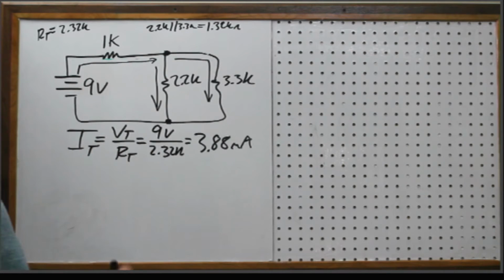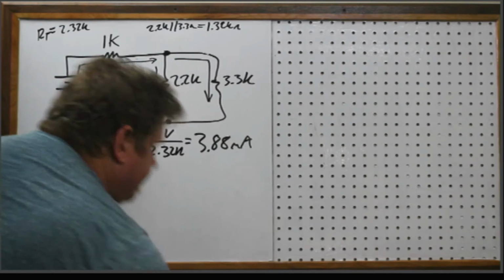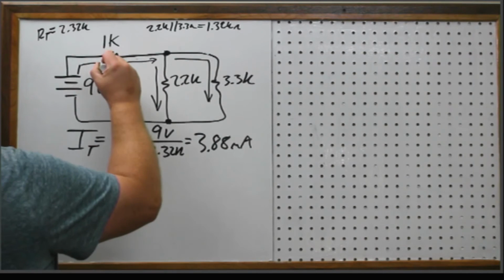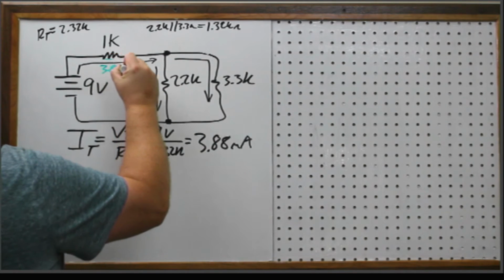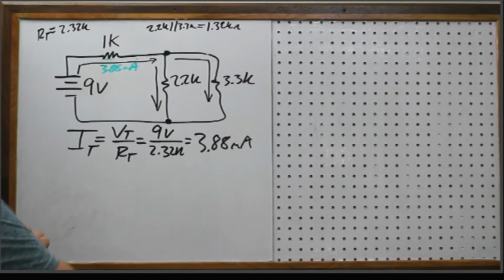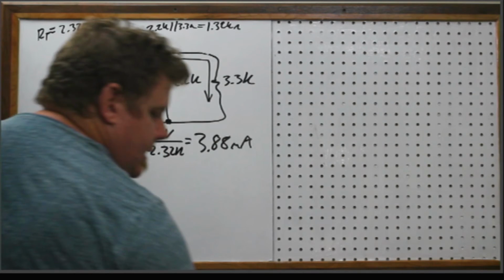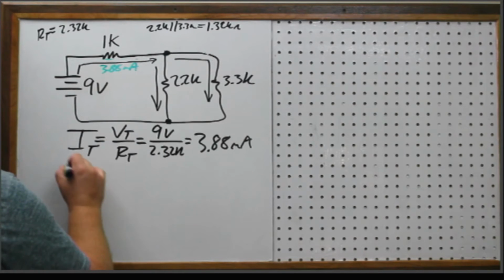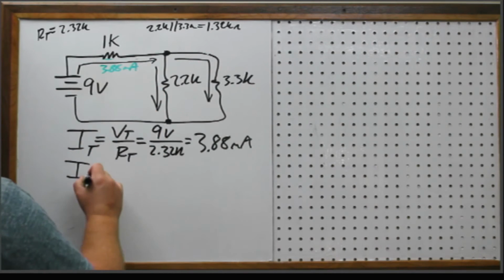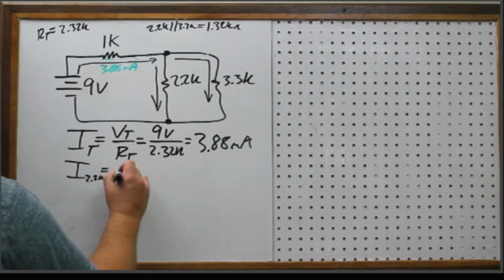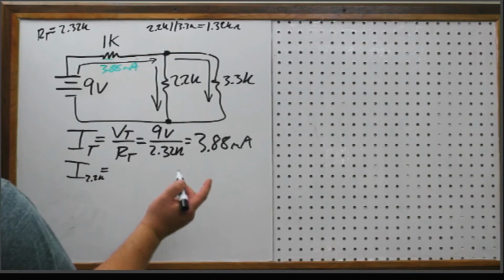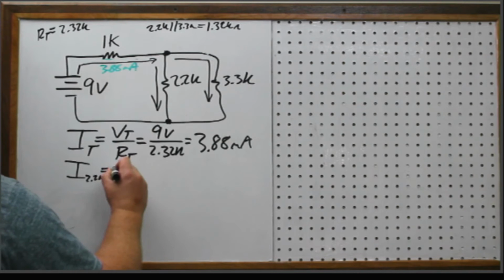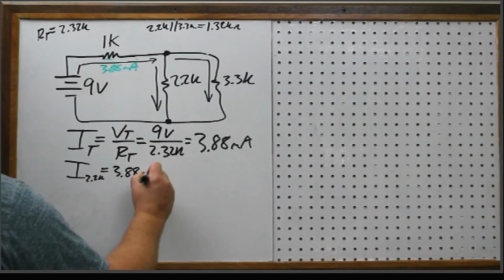If I want to do the individual branches, right, so we've got 3.88 coming into that node, okay, and it's going to split. Part of it's going to come this way, part of it's going to come this way. So if I want to find the current through the 2.2K, this time I'm going to use current division. Okay, I've got 3.88 milliamps coming into the node.